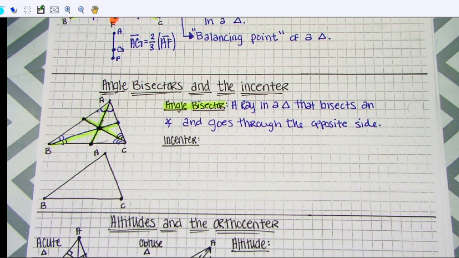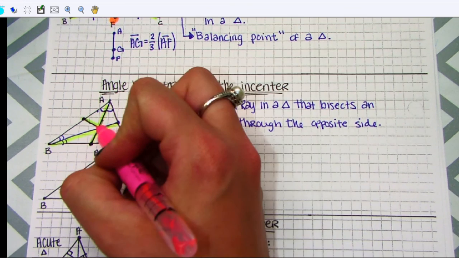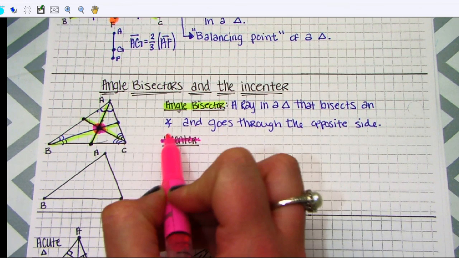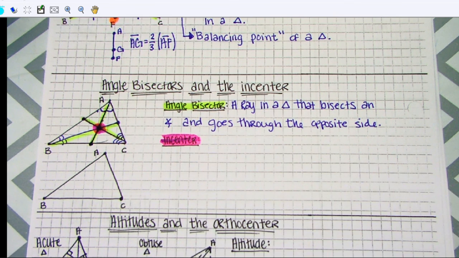That point is called the incenter. It's all about matching segment names to points of concurrency names. So in our picture, this point right here is our incenter. The definition for incenter is the point of concurrency for angle bisectors. An incenter is where the angle bisectors cross.